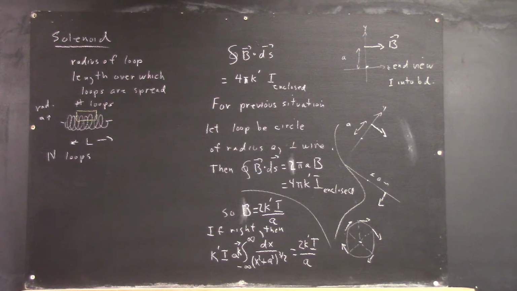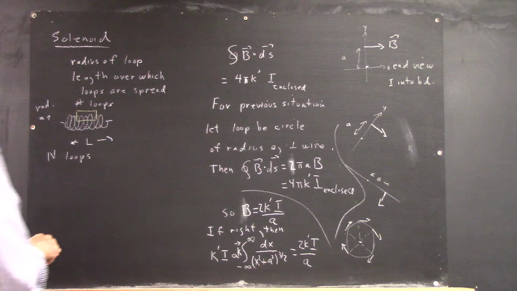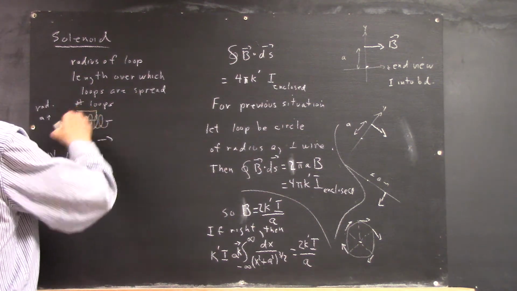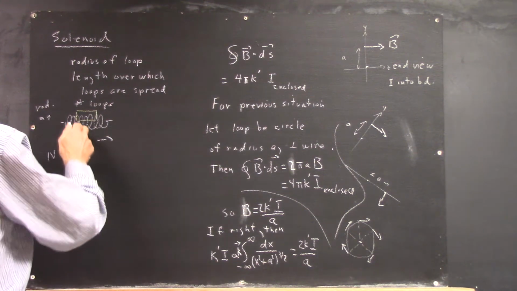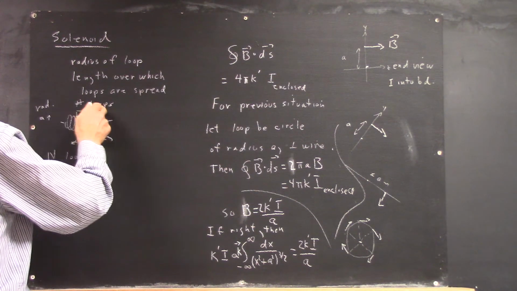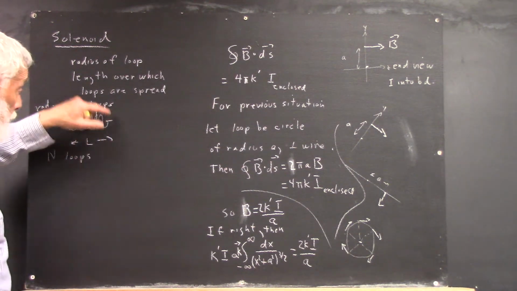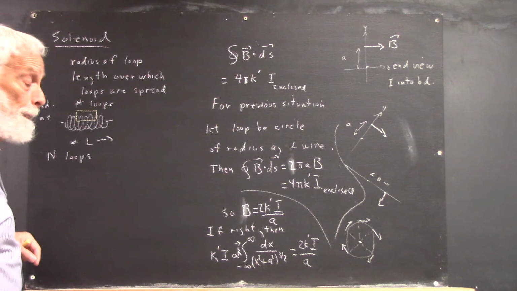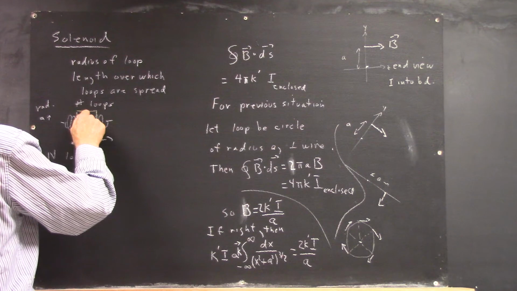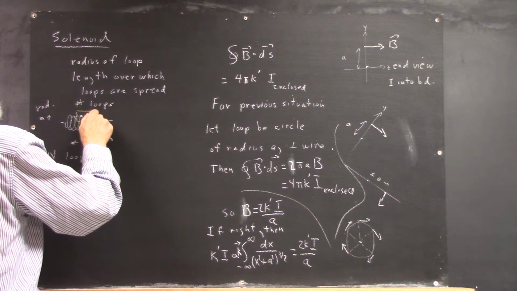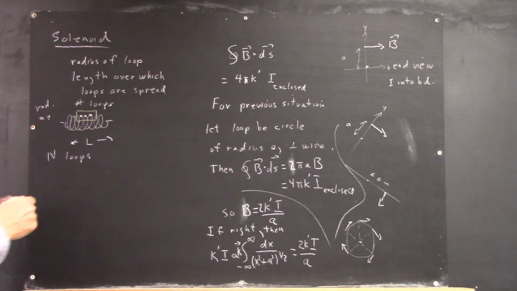And if the loops are going in this direction, they're coming out of the path that I've defined. This is a path. I'm going to integrate around this path. Okay? So at this point, we penetrate the loop. At this point, we penetrate the loop. At this point, we penetrate the loop. Okay?